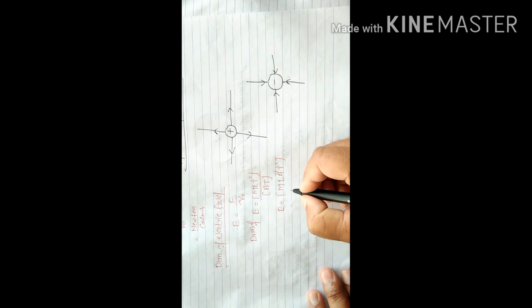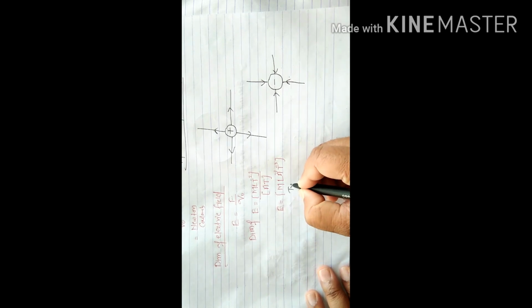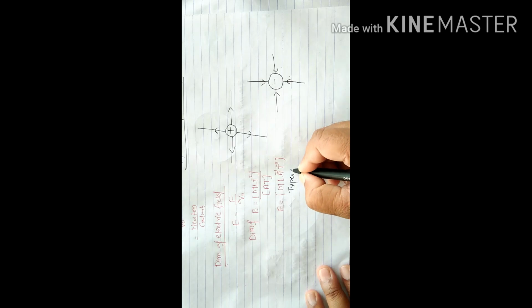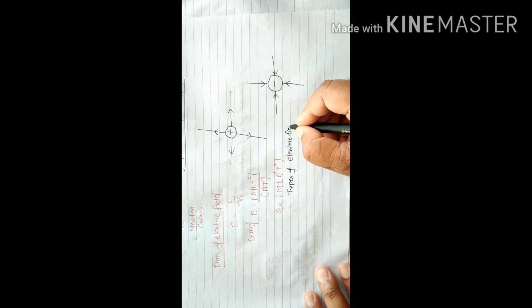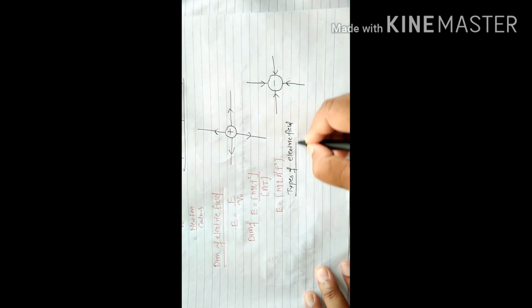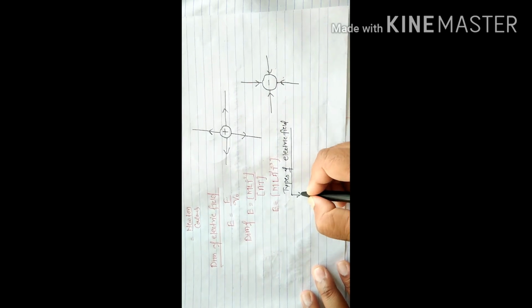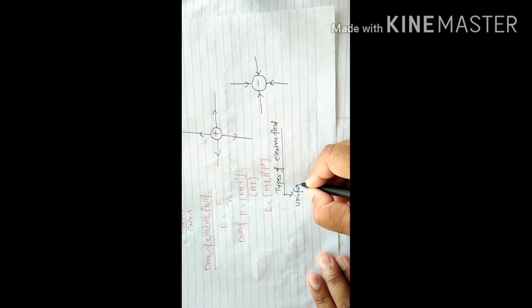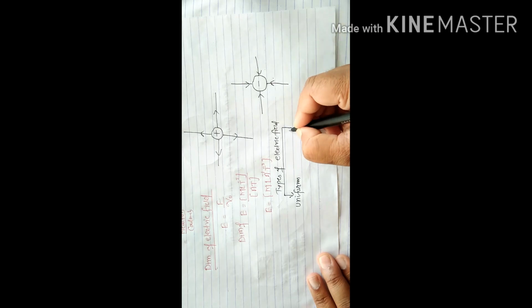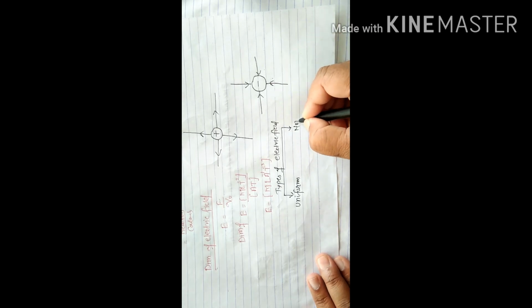Okay. So now there are two types of electric fields. First, uniform electric field and non-uniform electric field.